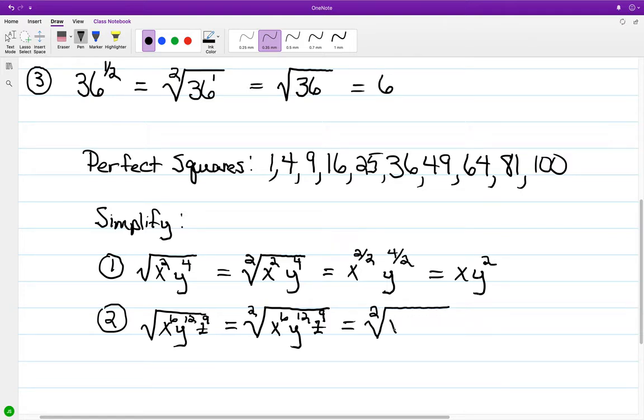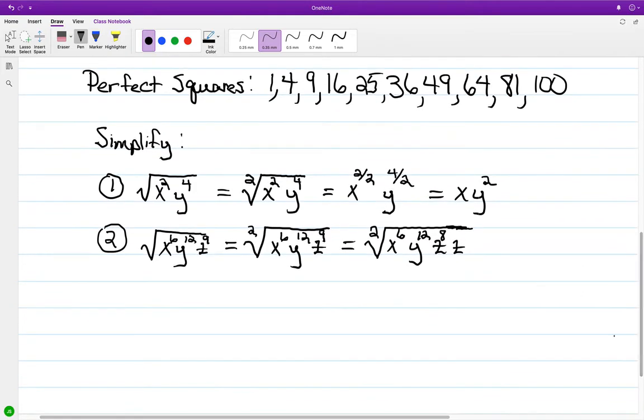So you have x to the 6th, y to the 12th, and for z to the 9th, the highest even power under the degree of 9 is 8. So if I separate the perfect squares apart from the factor that is not a perfect square, looking at second roots, I have x to the 6th, y to the 12th, z to the 8th.